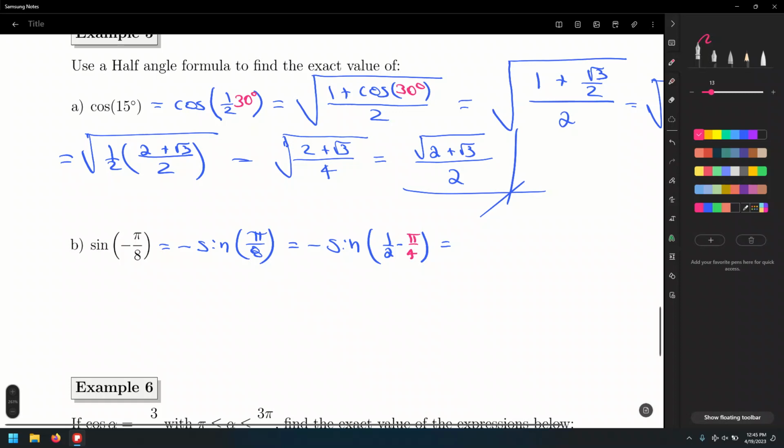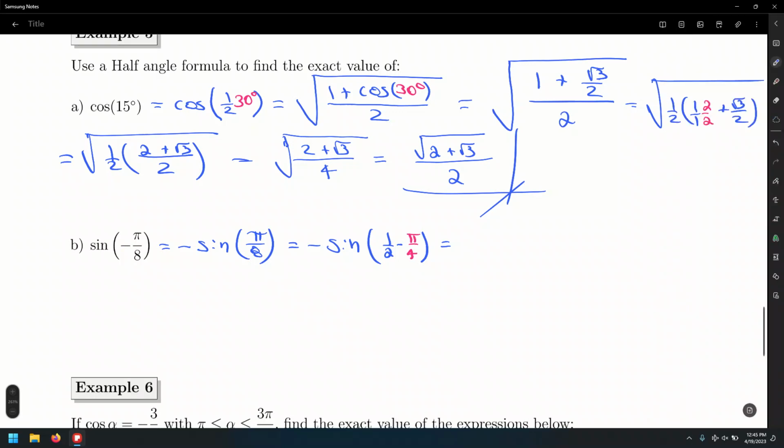So now, let's ignore this negative sign right here. The angle pi over 8 lies in the first quadrant, right? So how about we use the positive formula, that is 1 minus sine of pi over 8, oh no, not pi over 8, pi over 4, over 2.